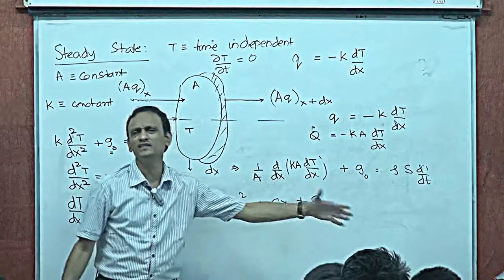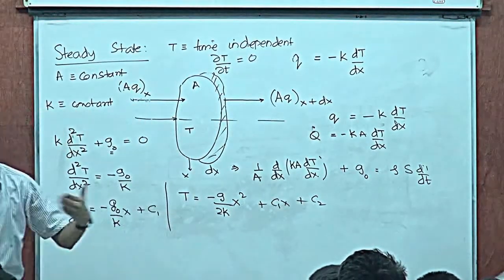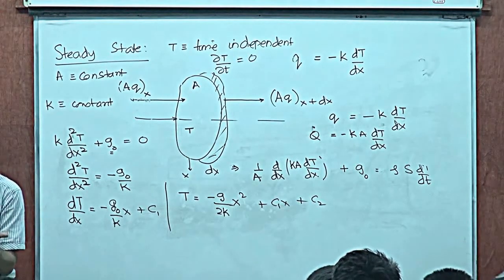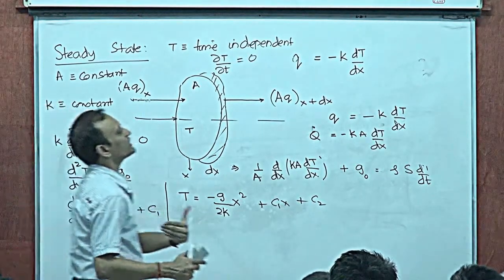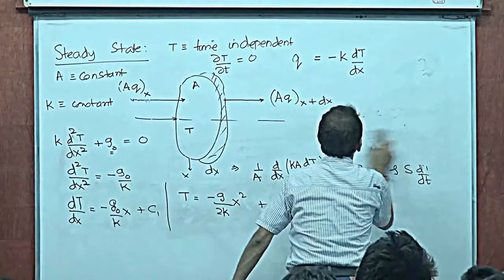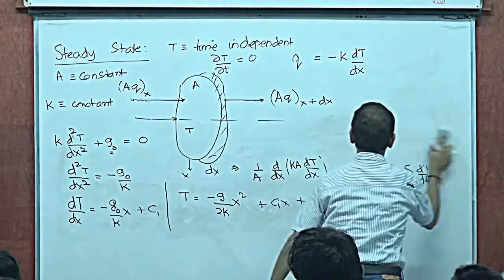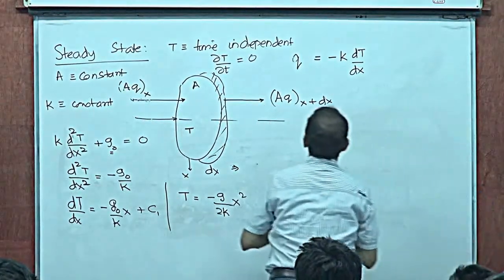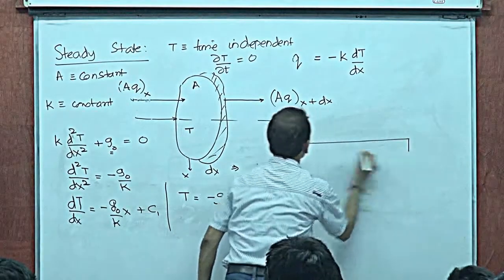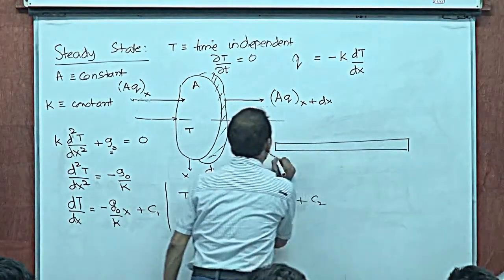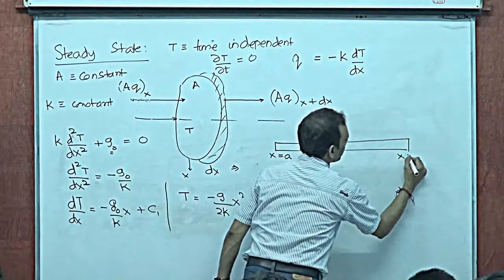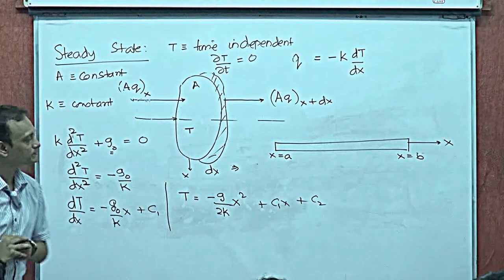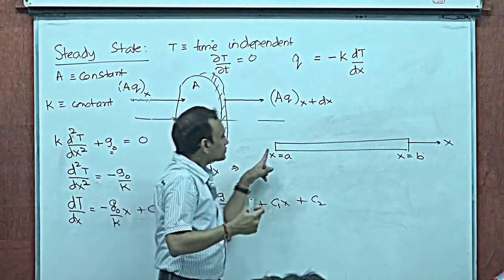Now, how does one obtain these constants C1 and C2? Well, boundary conditions. Let's say heat flow is taking place between these two limits, from x equal to a to x equal to b.